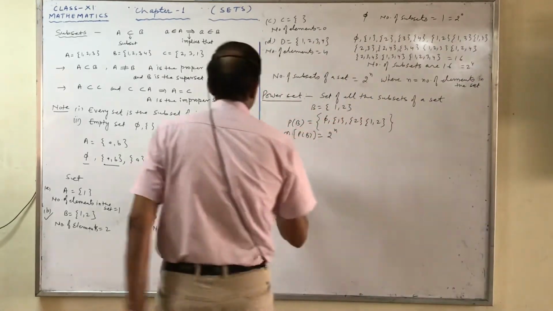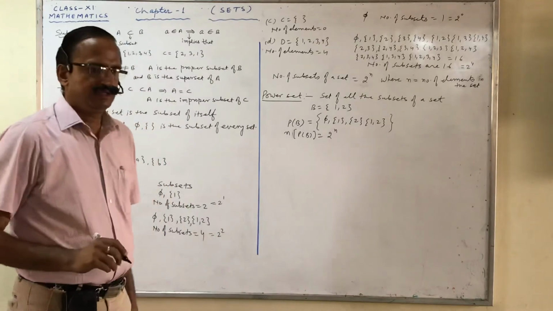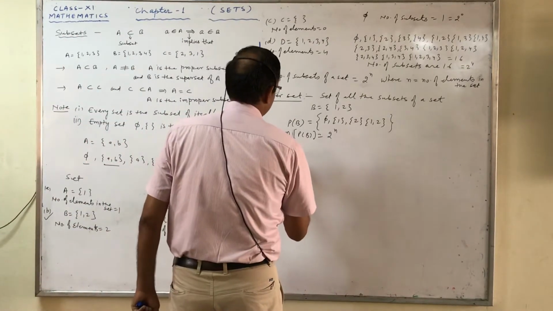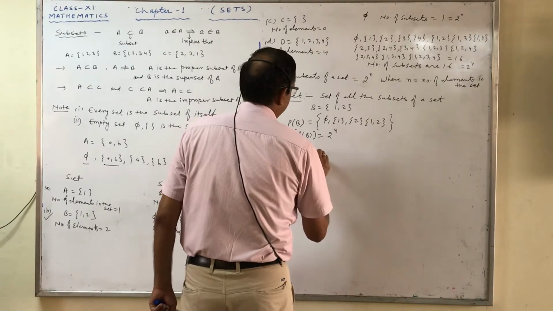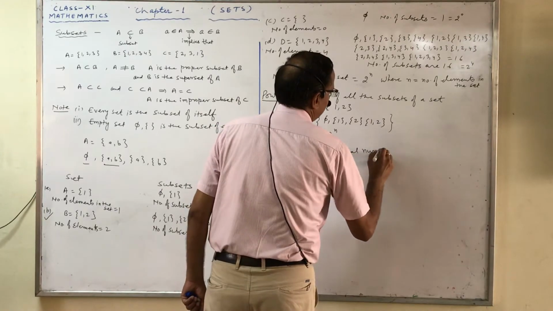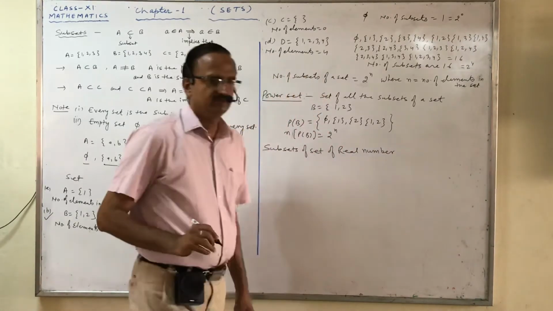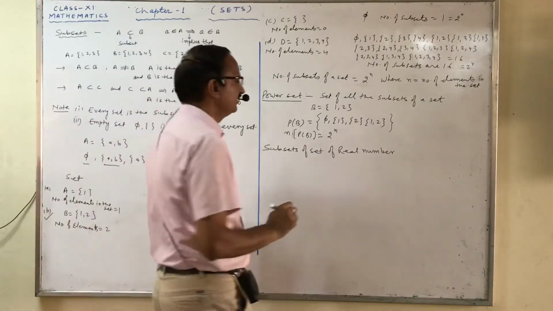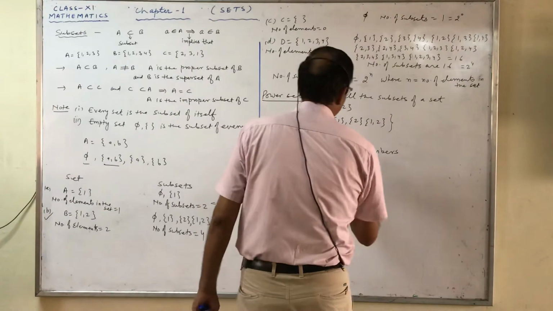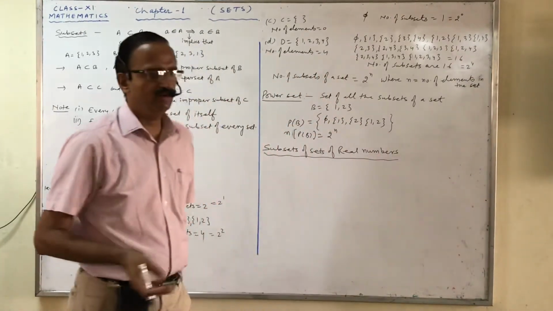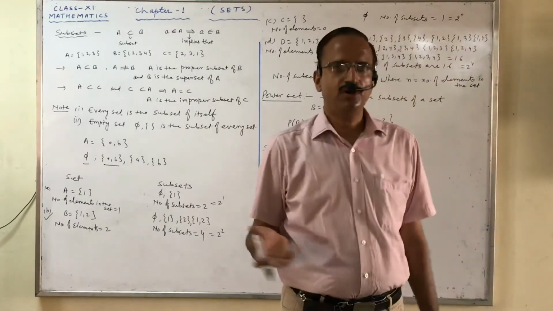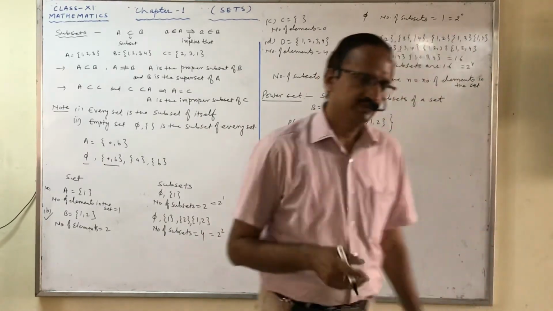Okay. Next topic is subsets of set of real numbers. We know that natural numbers, whole numbers, integers, rational numbers, irrational numbers, all are real numbers.